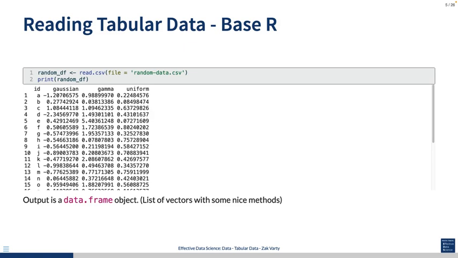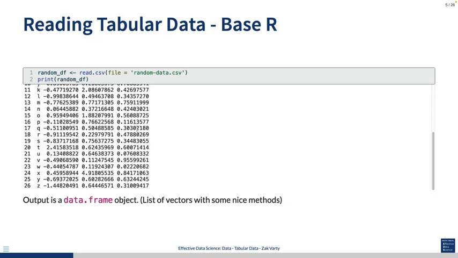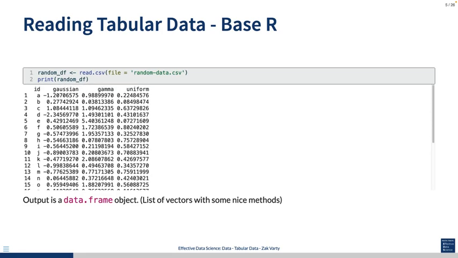What we can see here is that the output is a data frame type object with 26 entries, and really all this data frame is a collection or a list of vectors with some nice methods associated with it. So here we have a list of length 4 with named elements called ID, Gaussian, Gamma, and Uniform, but because it's this special data frame object type, we've got nicer ways to interact with that object.